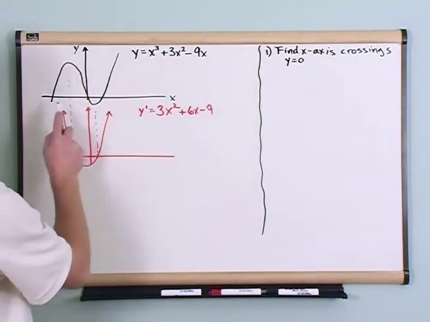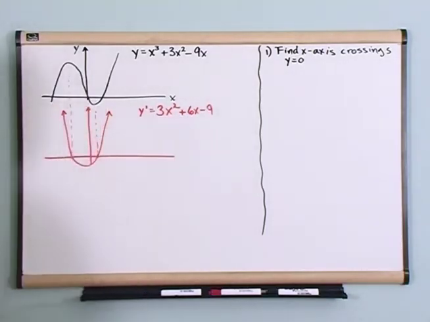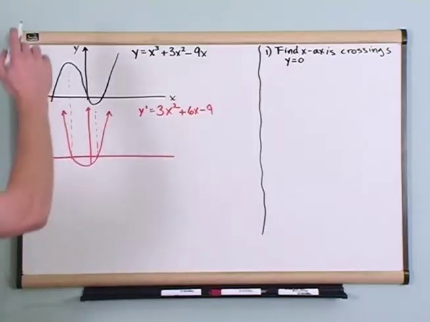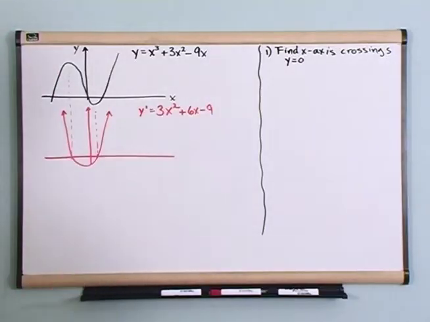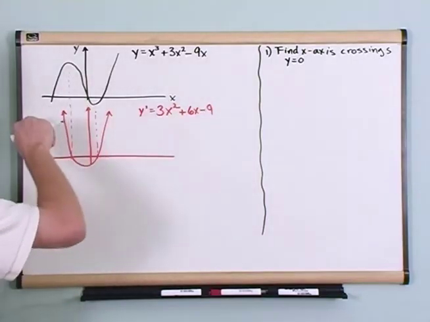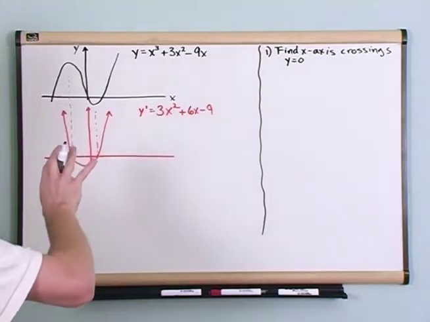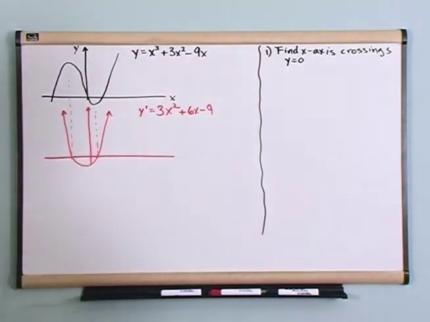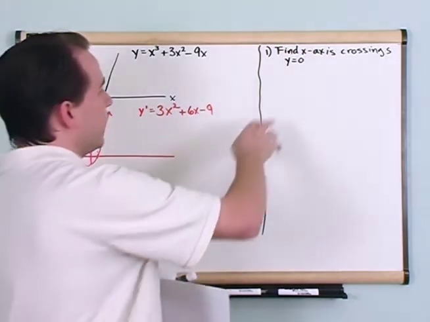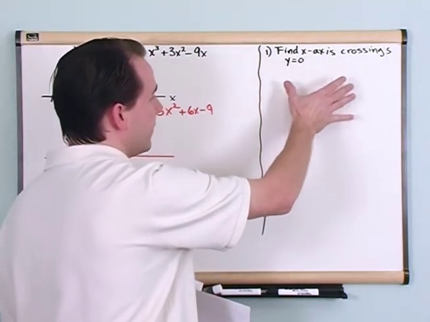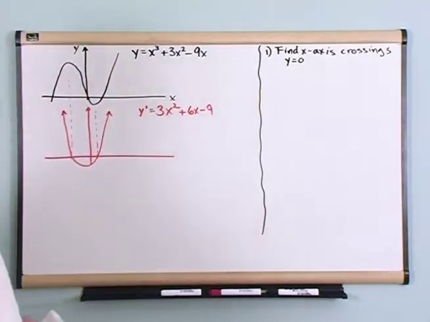These values of x would correspond to these points. So on a big graph on your test or problem sheet, you could put little dots along the x-axis, and you would know the graph goes through those points, but you wouldn't have much idea of the shape of the curve. That's the first thing on the list. You don't have to do this all the time, but it makes your plot more accurate if you solve the equation for y equals 0 and then plot that.